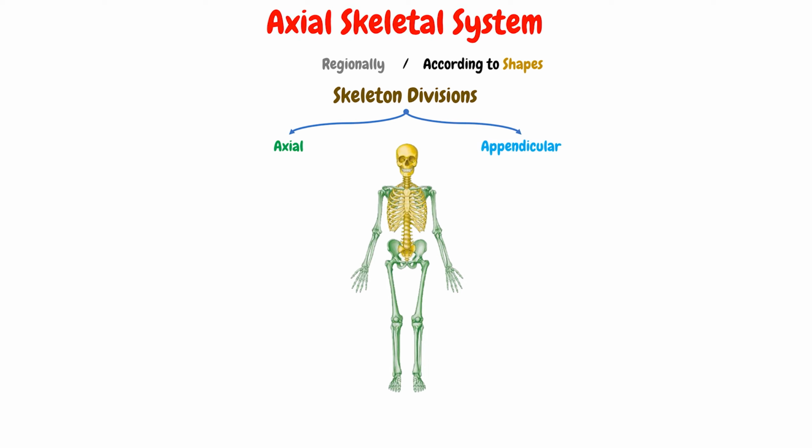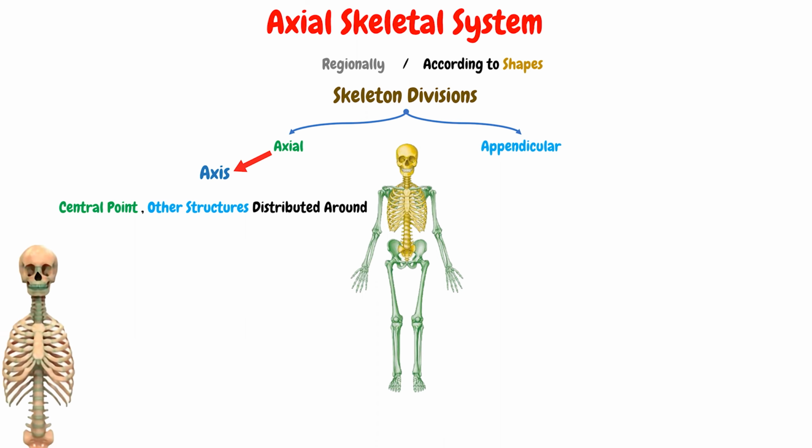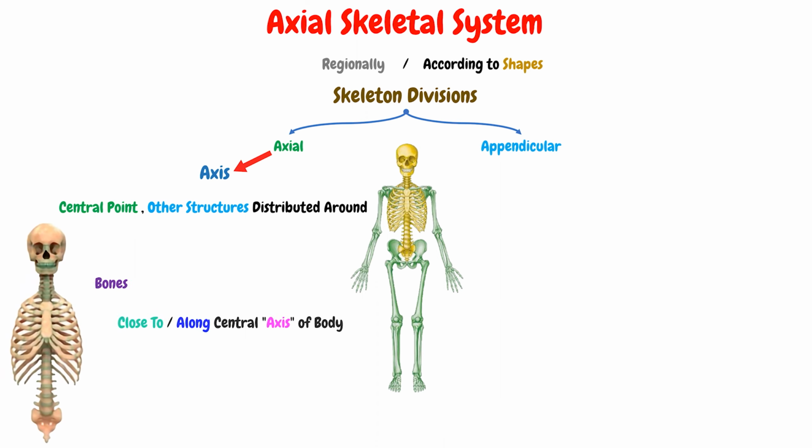If we come to see the axial skeletal system, we should know in the first place what is the meaning of the axial word, which is originated from axis. The axis means the central point around which the other structures are distributed. And here it will refer to the bones that are located close to or along the central axis of the body. So the bones of the axial skeleton are in the center or in the axis of the body.